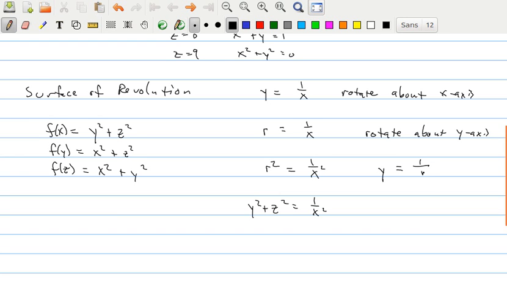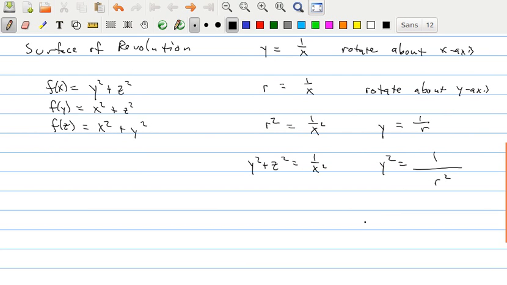So that's 1 over r. Now I want to square this so I can use that same identity from polar. So I know that y squared is 1 over r squared. And we can replace this. We can write it as y squared equals 1 over x squared plus z squared. Because again, the distance from the y-axis is the square root of x squared plus z squared. And so this would be our curve if we revolved it around the y-axis.